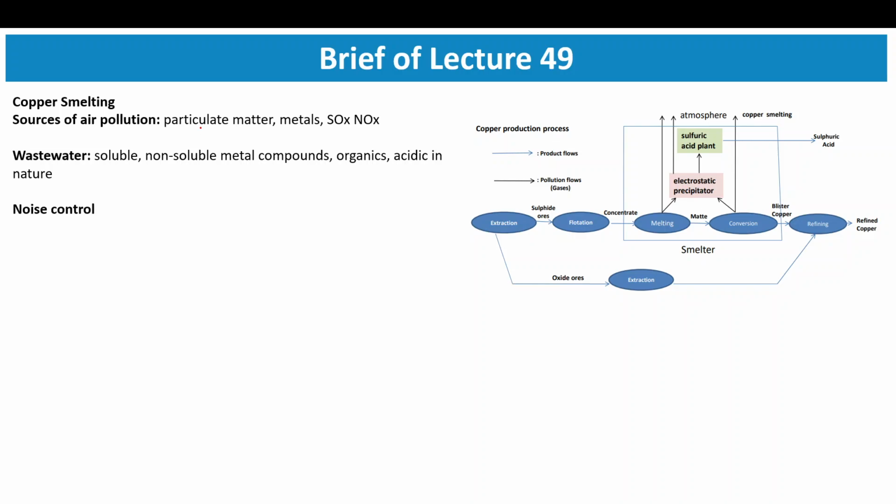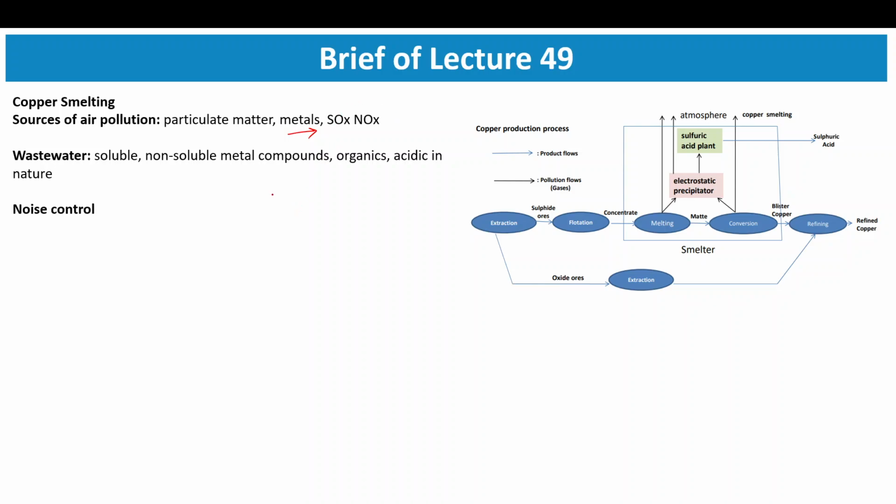You might have crushing of ores, and a lot of drilling and mining will be required, which generates a lot of particulate matter and dust, along with other heavy metals, SOx and NOx. So these are the major air pollutants.